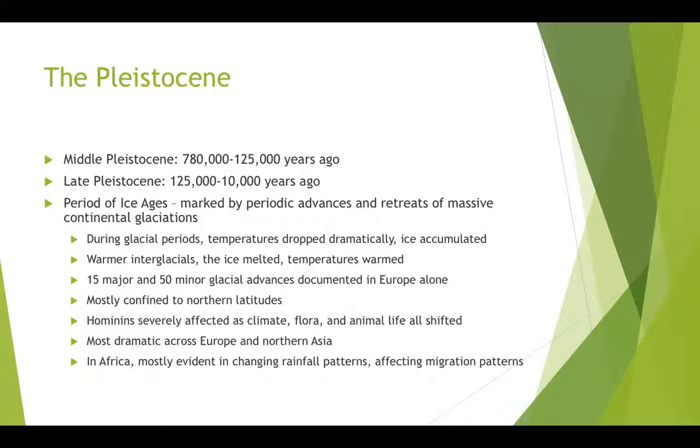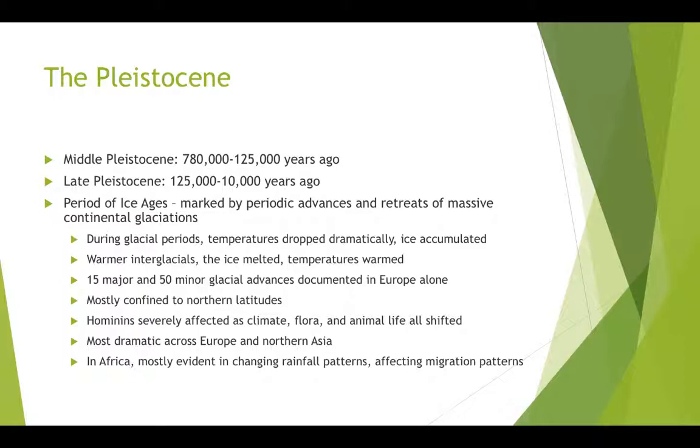Hominins are severely affected during these glacial and interglacial periods because the climate, the flora, and the animal life all shift. And so we've got movements of people as they follow movements of animals. We've also got disruption of entire cultures as these glaciers retreat and advance.